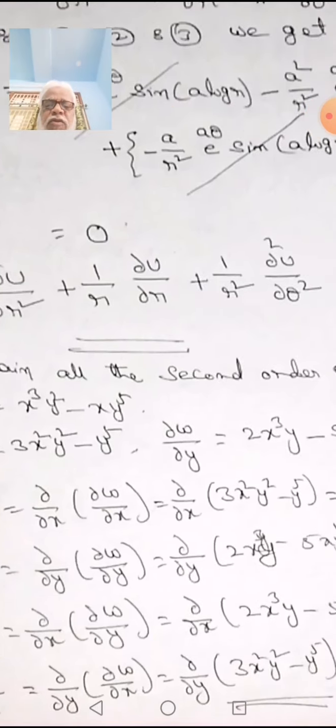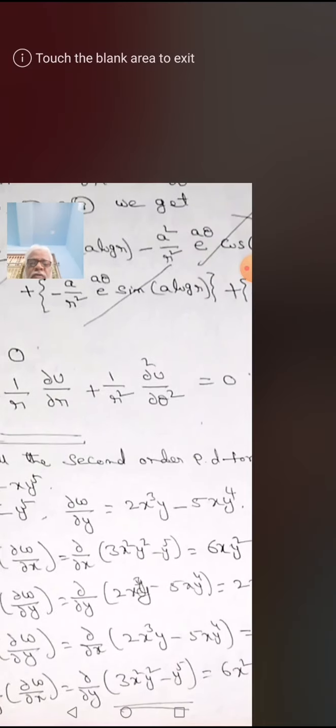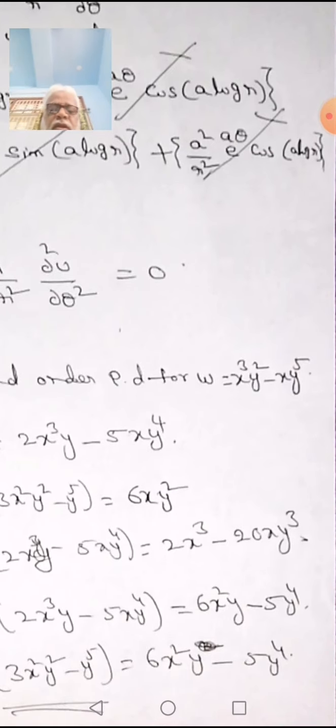If you find ∂/∂y of 3x square y square minus y power 5, that is 6x square y minus 5y power 4.